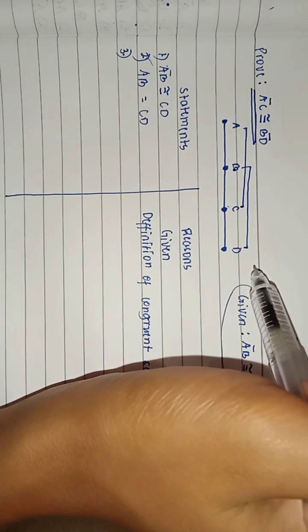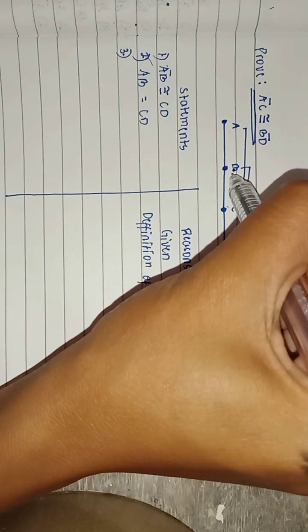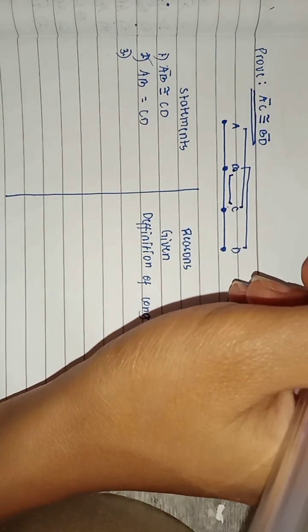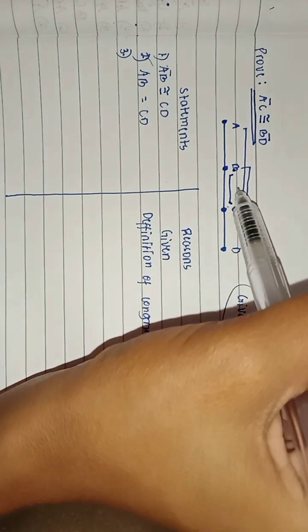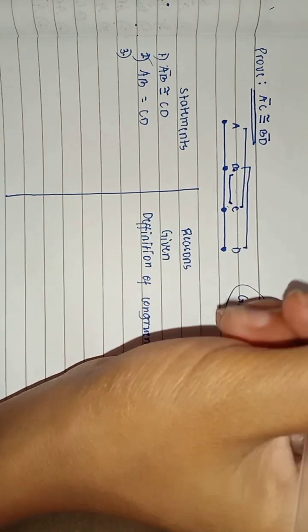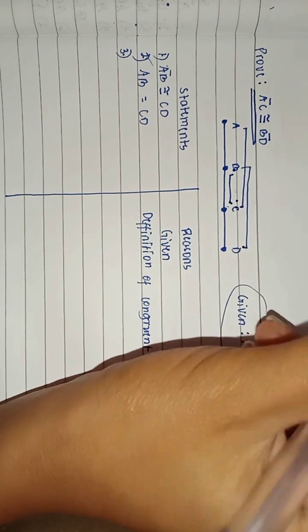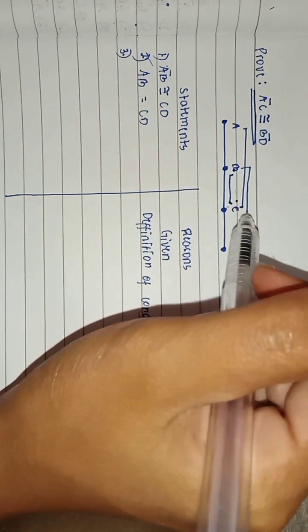So the only part that is missing here is the segment BC. Notice that AB plus BC will give us segment AC, and BC plus CD will give us also segment BD. So in this part, we need to add BC to both sides of this equation.